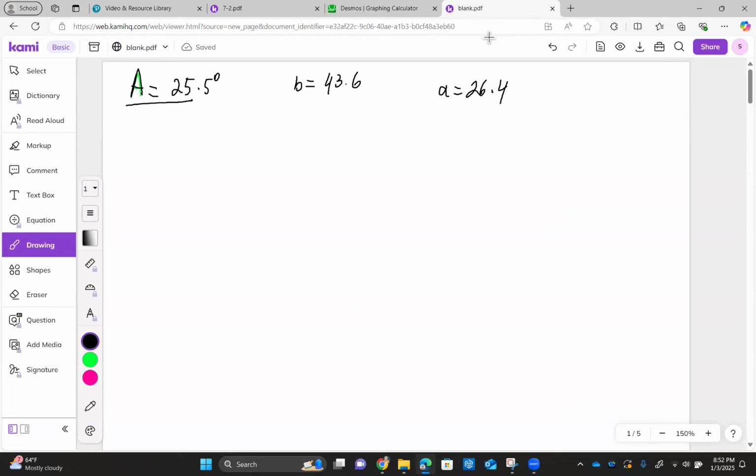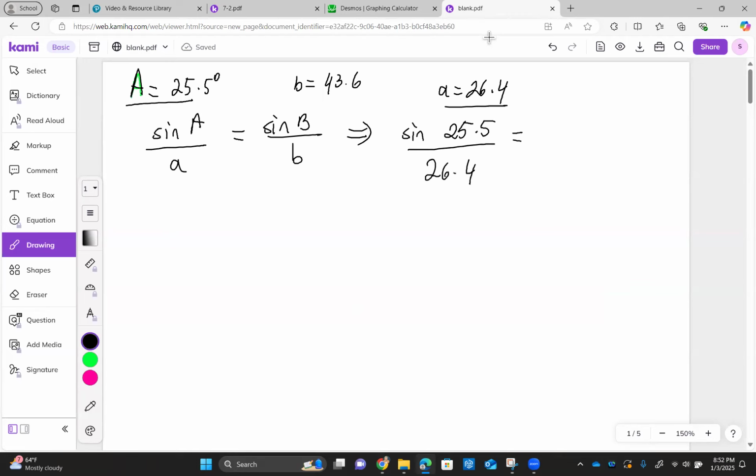Since we have the angle A and side A, we're going to start our proportion using these two. So sine of angle A over side A is equal to sine of angle B over side B. So sine of 25.5 over 26.4 is equal to sine B over 43.6.